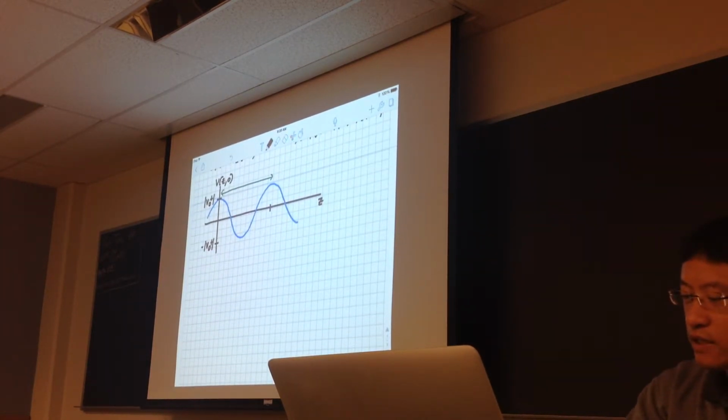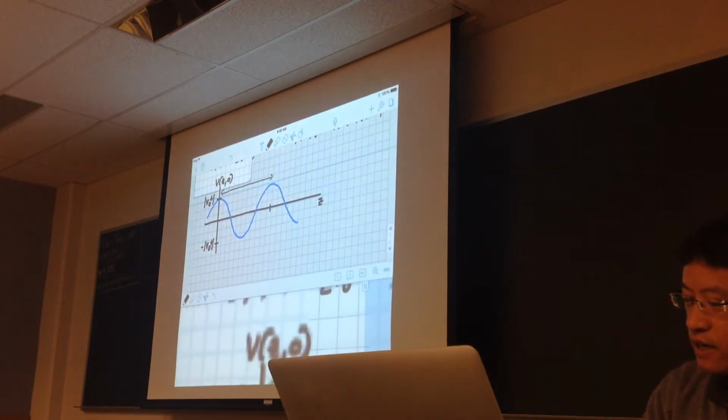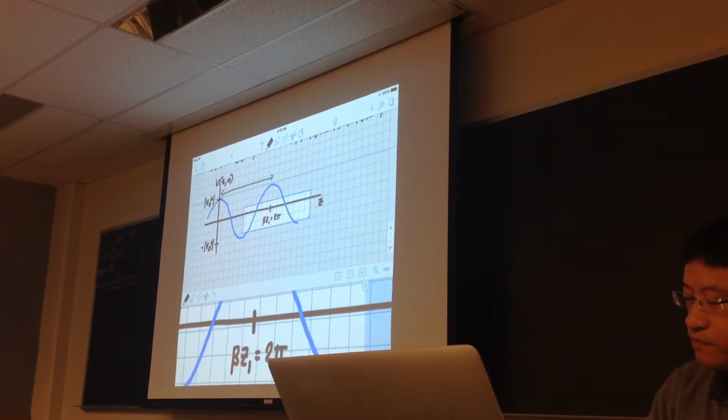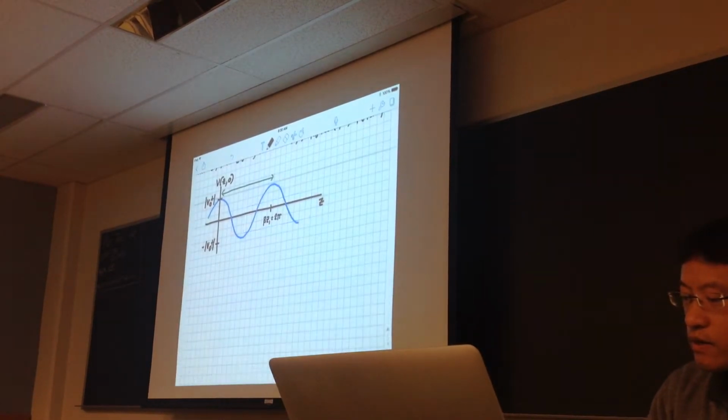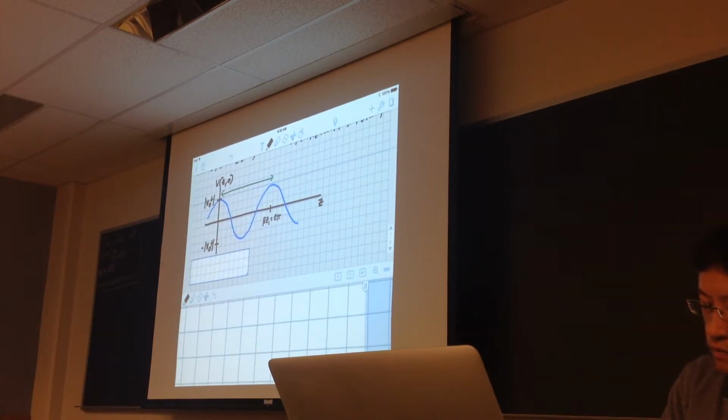So this point here, where it repeats again, is when beta z, so at this particular value of z, is equal to 2 pi. Okay. So z1 is equal to 2 pi divided by beta.